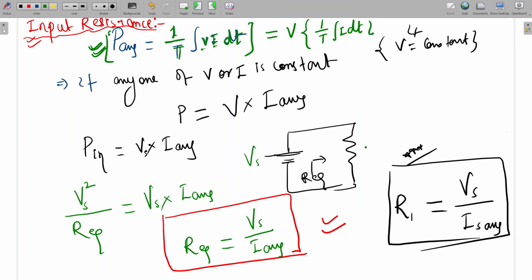If either V or I is taken common, the average power will be that constant times the average of the other quantity, here the average of the current. So average power is equal to V into I average. Is it clear?